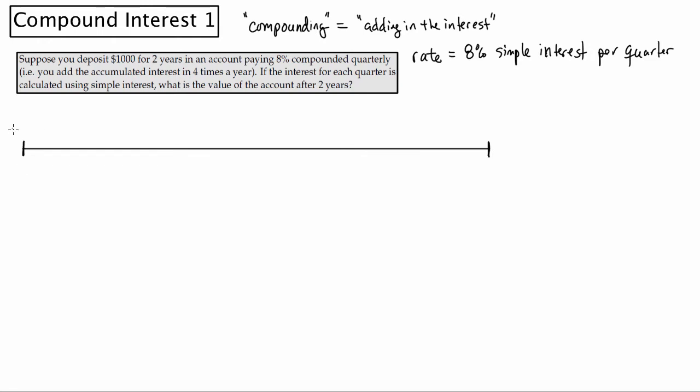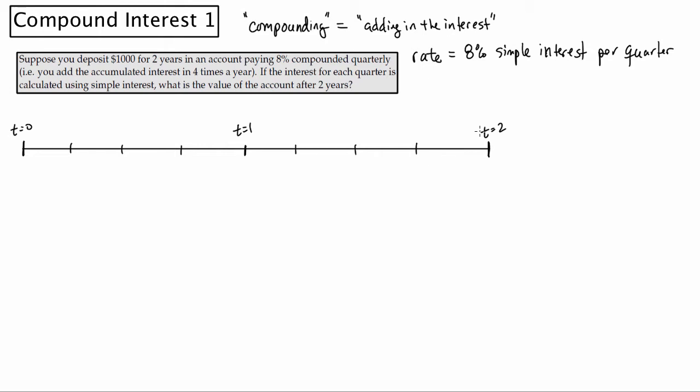If I start with time equal to 0 in the first year and time equal to 2 being at the end of the second year, we've got our halfway point after the first year. And then we start thinking about quarters: first quarter, second quarter, third quarter, fourth quarter would be 1 year, fifth quarter, sixth quarter, seventh quarter, and then a total of 2 years. I want to find the value of the account at each of those time intervals.